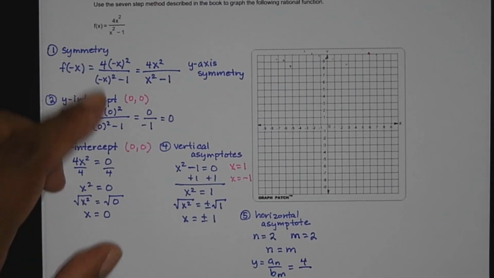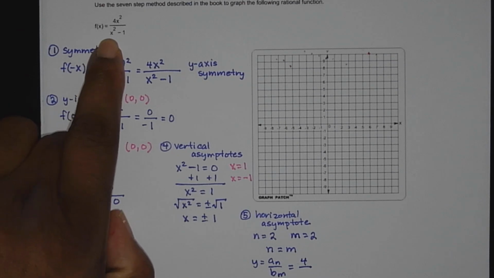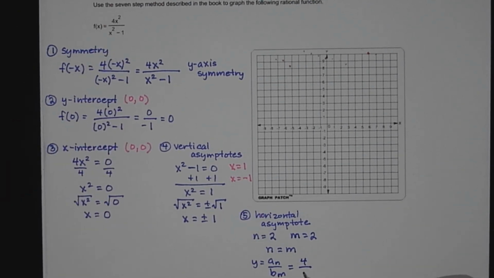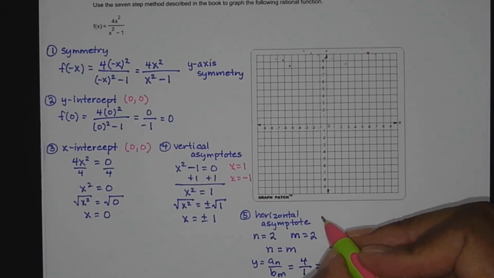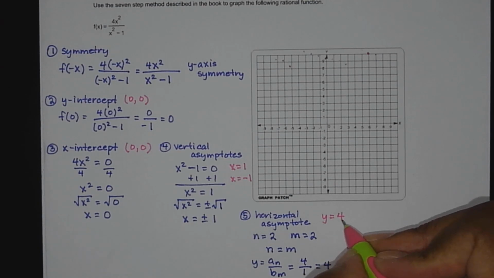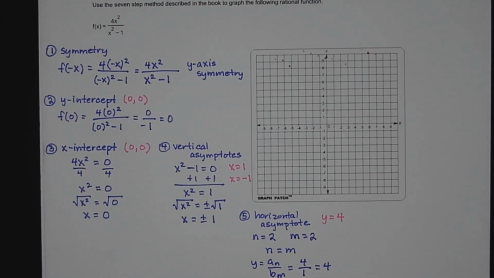Divided by b sub m, the coefficient of the variable to the highest power in the denominator. If that highest exponent is a 2, then that coefficient has to be that understood 1. So now you have 4 over 1, which is 4. So the equation, y equals 4, is your horizontal asymptote.